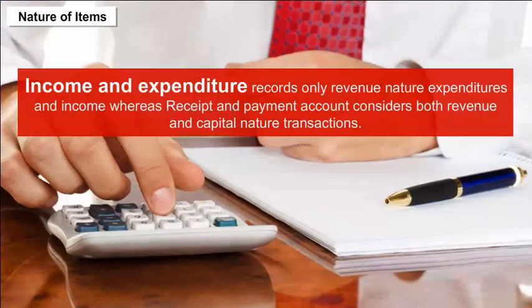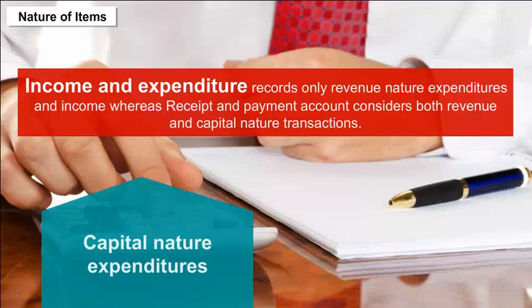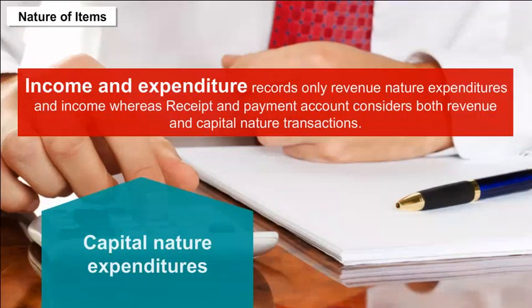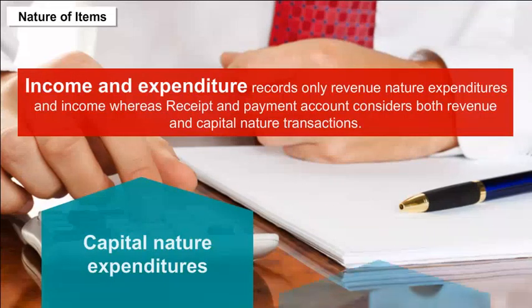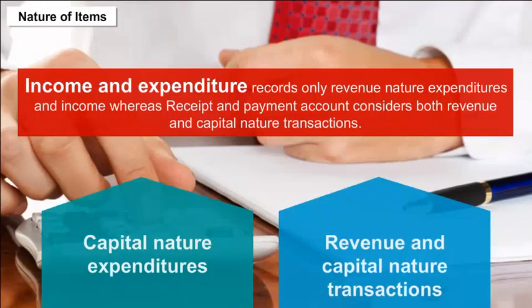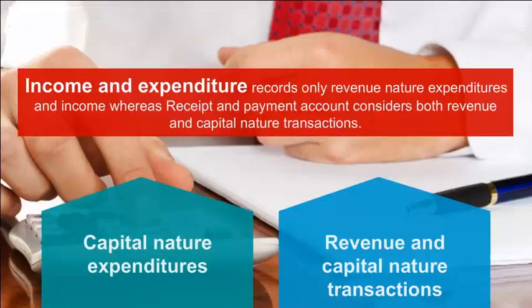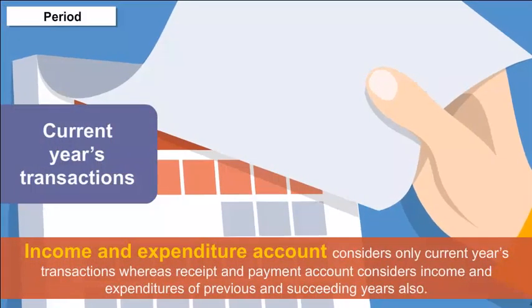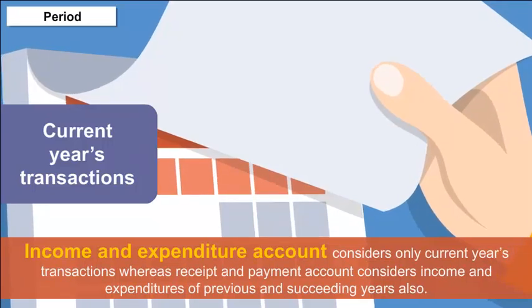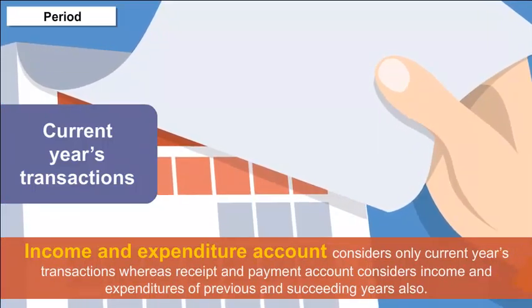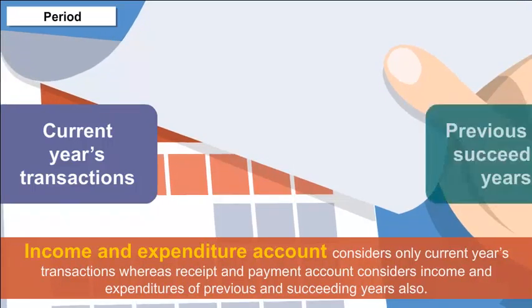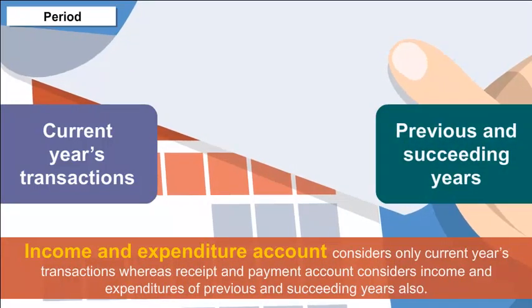Income and expenditure account records only revenue nature expenditures and income, whereas receipt and payment account considers both revenue and capital nature transactions. Period. Income and expenditure account considers only the current year's transactions, whereas receipt and payment account considers income and expenditures of previous and succeeding years also.